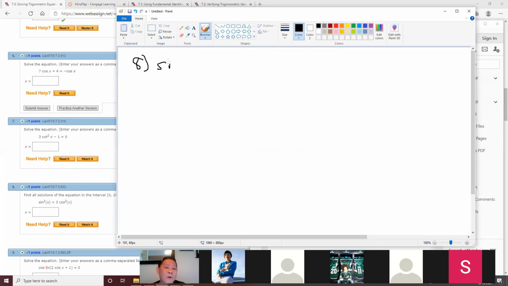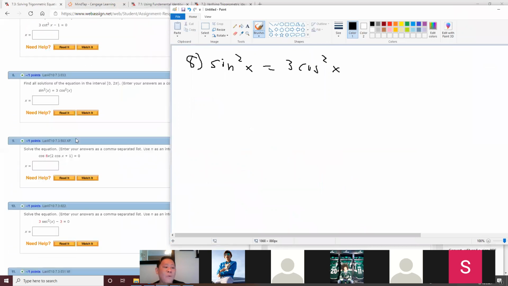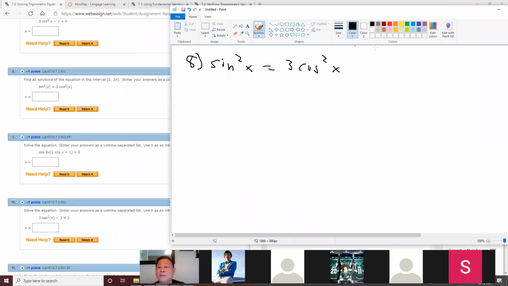Now, the only thing about question 8 that is different from the rest of the questions we did so far is that question 8 doesn't want us to be infinite. Question 8, they want you in how many revolutions? You need 1 revolution. Okay, only 1 revolution.